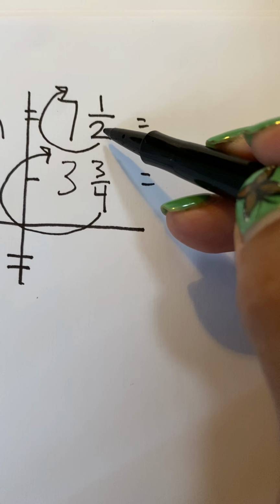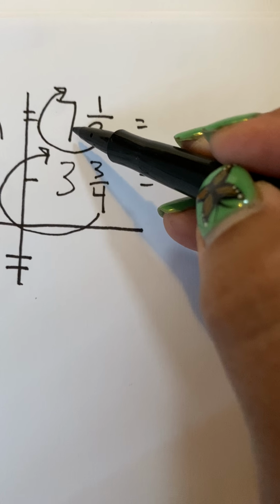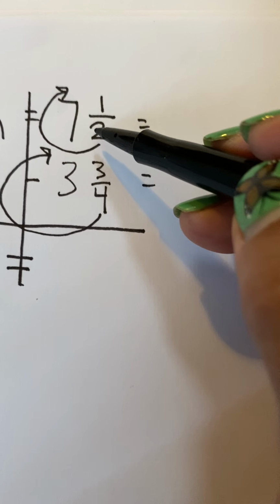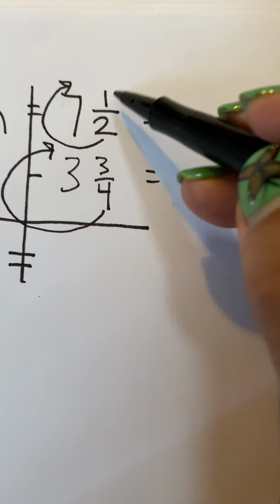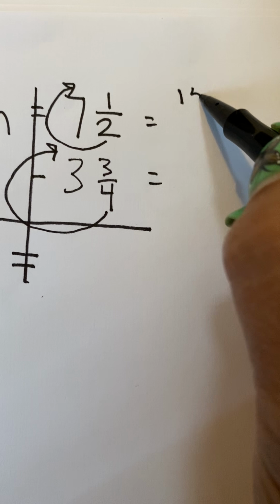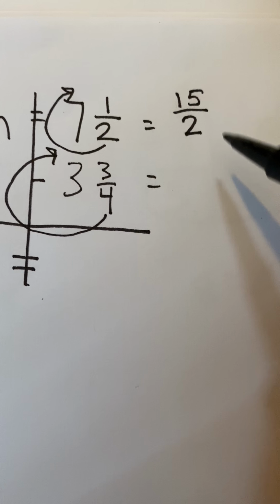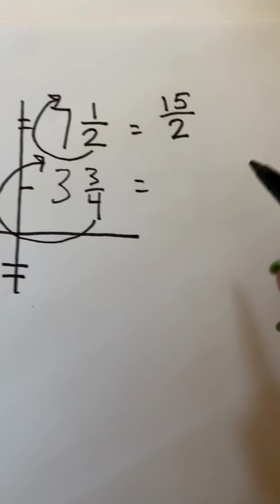So let's begin. The denominator times the whole number. So 2 times 7 is 14, plus the numerator is 15. So 15 is the new numerator, and the denominator stays the same. So it's 15 over 2.